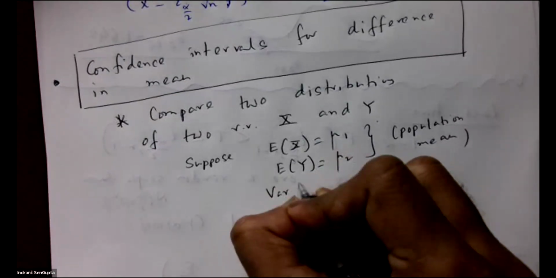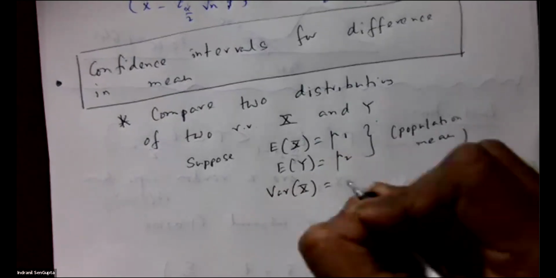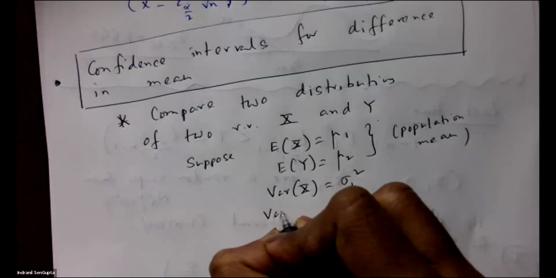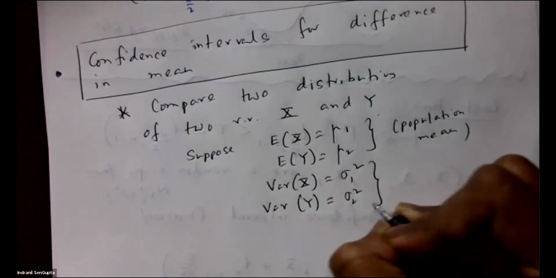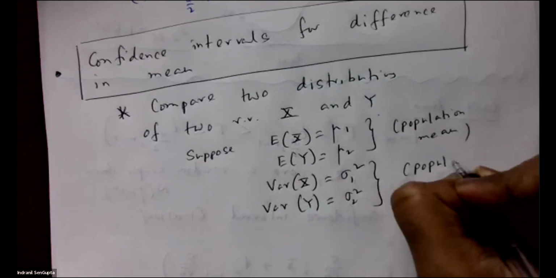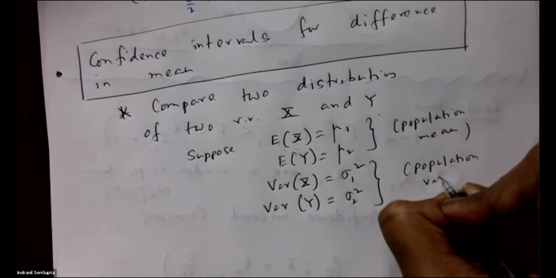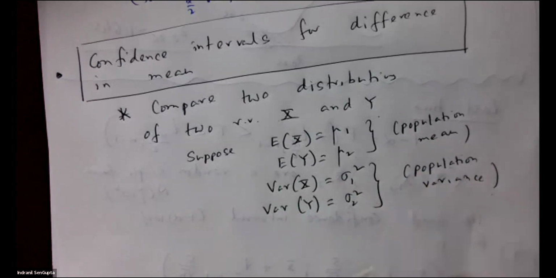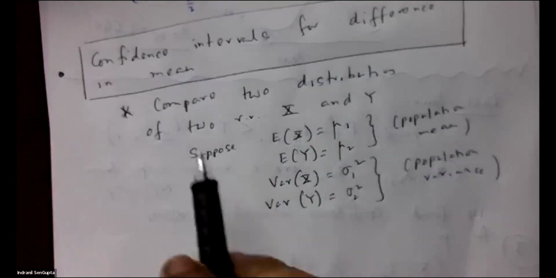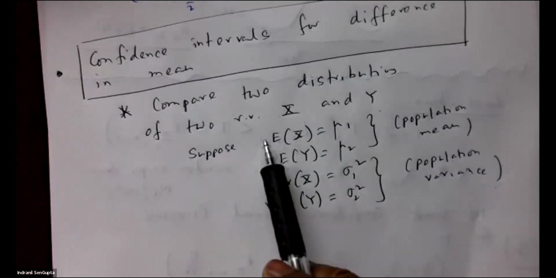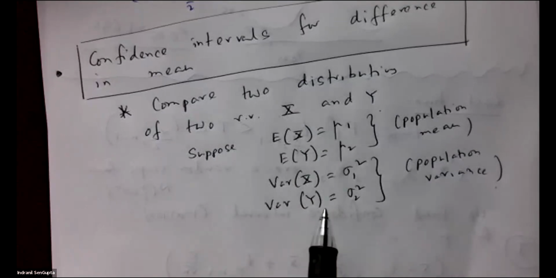Also, let's define the variance of x to be sigma 1 squared and the variance of y to be sigma 2 squared. Once again, these are the population variances. So far, we didn't draw any sample. The goal is to compare two distributions which are originally given like that.